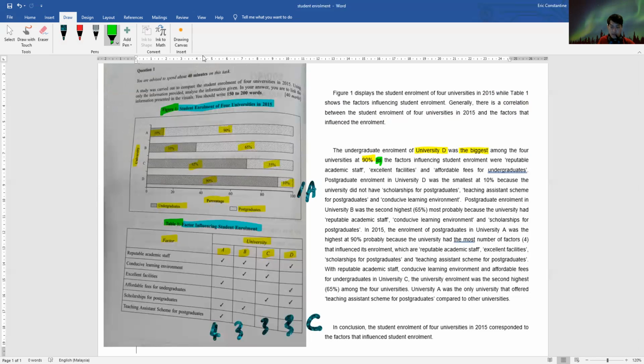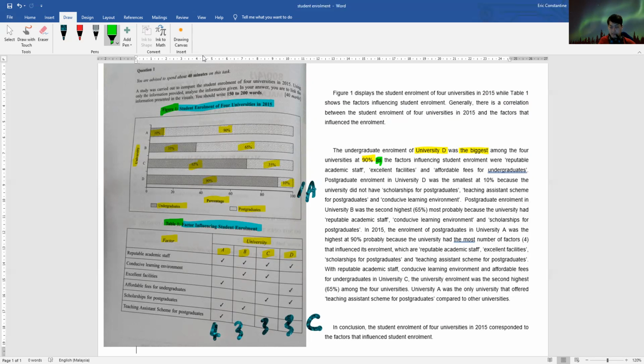So for this one, the writer decided to use the word as, instead of using is probably due or most probably because. So this is very simple, very straightforward. The writer just uses the word as to interlink, to link between the two visuals. Okay, but anyway, as long as it is linked, it is fine, but just make sure that you got it right.